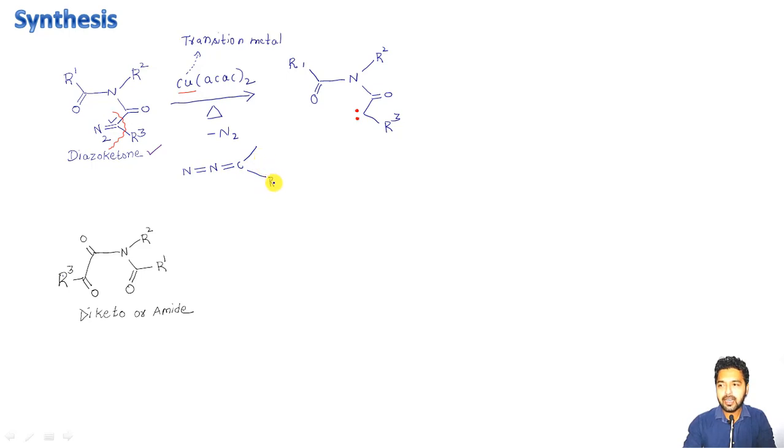Here is the R3 and this is the double bond oxygen, right? So we will be representing the diazo part in this way, which is containing the positive charge like this and the negative charge like this. Okay, so these positive and the negative charges are what? These are the formal charges. Okay, and this is also containing one lone pair of electrons like this, right?